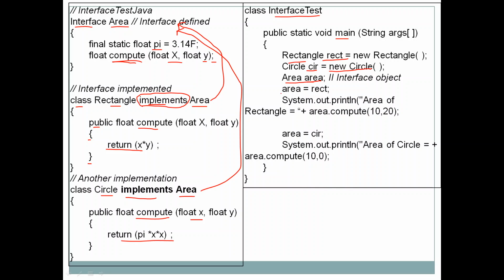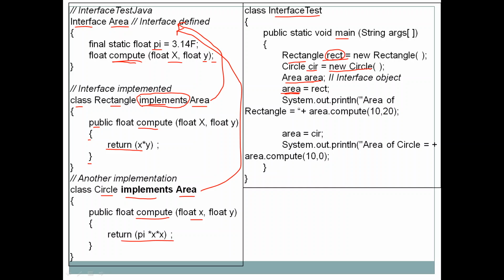Then what we have done is, we have assigned the reference of class rectangle to the area object. Now even this is possible. We can assign a reference of a class to the interface object. When is it possible?